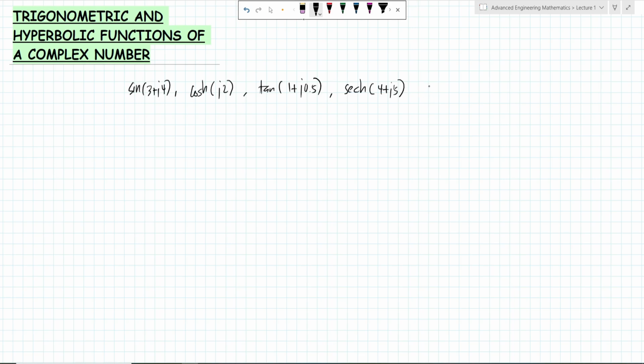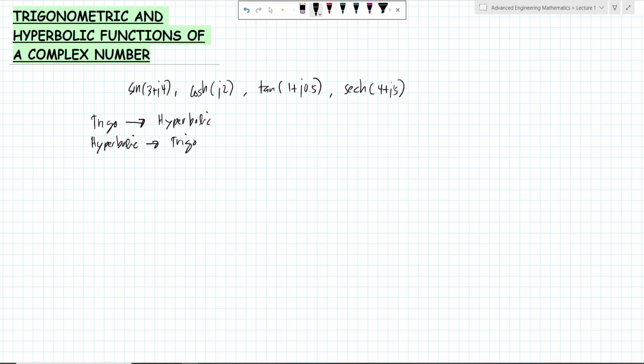You might wonder why the trigonometric function and hyperbolic function are together. It's because if you are given a trigo function, by some transformation you can write it as a hyperbolic function, and if you have a hyperbolic function, you can write it into a trigo form or function.